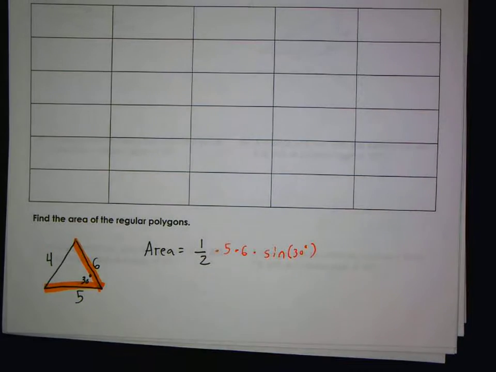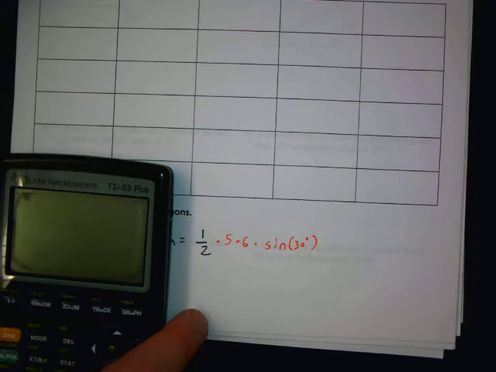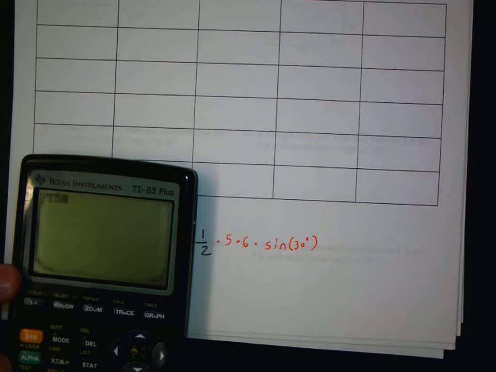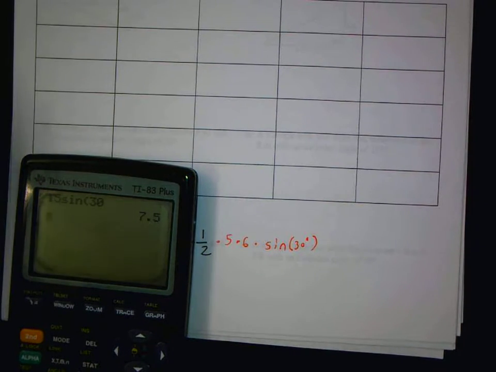So 1/2 of 30 is 15. So it's really what's 15 times sine of 30. Make sure I'm in degrees, yep. And that's 7.5.